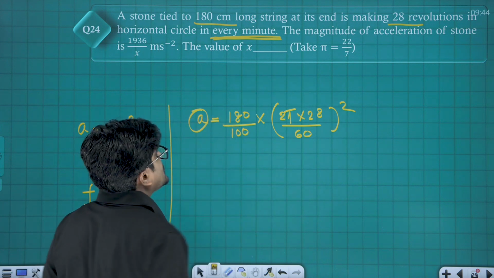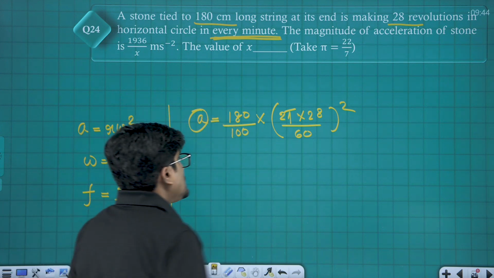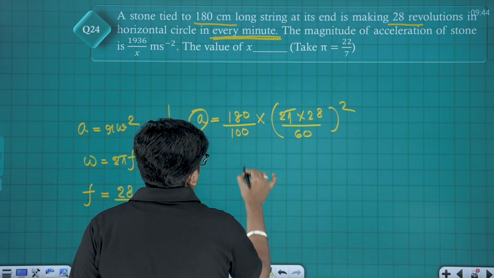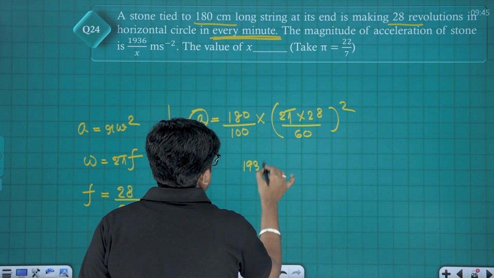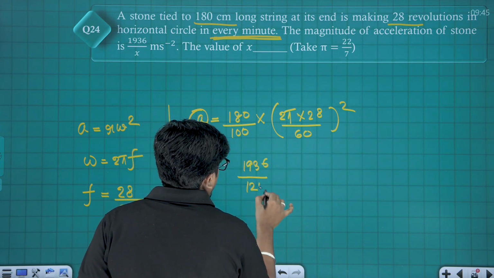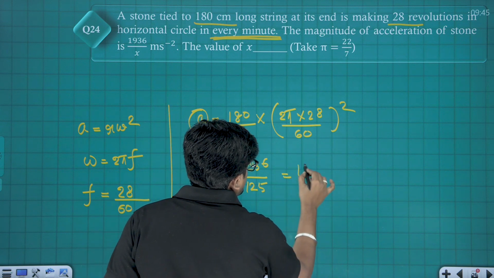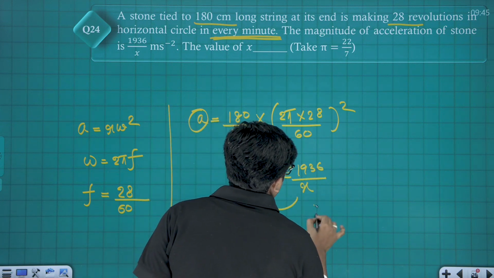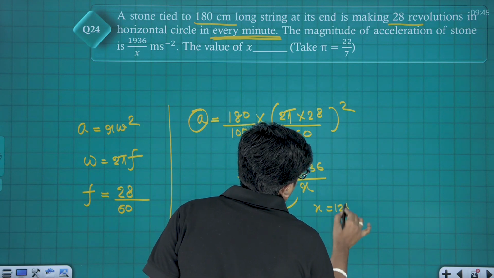This is going to be the acceleration. Alright, once you solve this, you will get this expression as 1936 all divided by 125. As per the question, it is 136 divided by x, which means x equals 125.